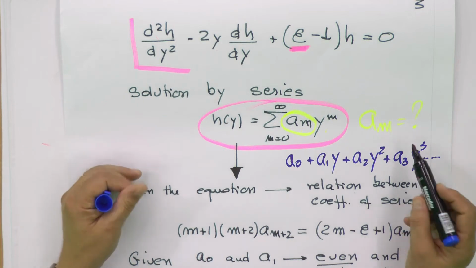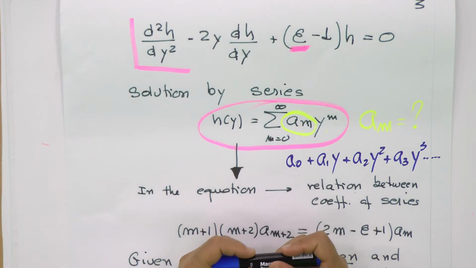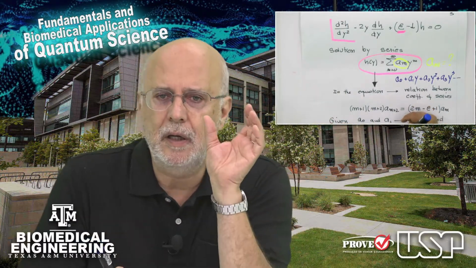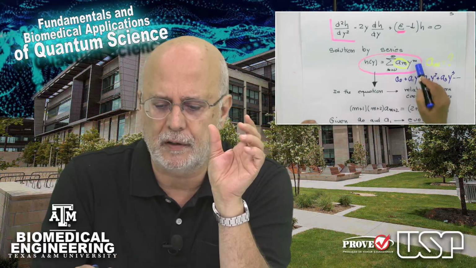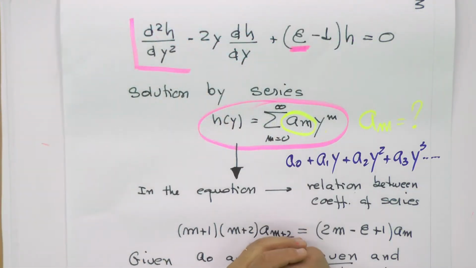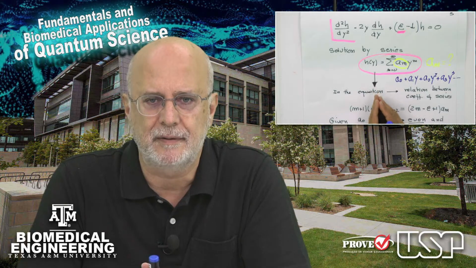When I substitute the derivatives here, this must be true always. So each term of order m has a coefficient that's added by this whole thing. And this must be valid always, so those coefficients must be 0.